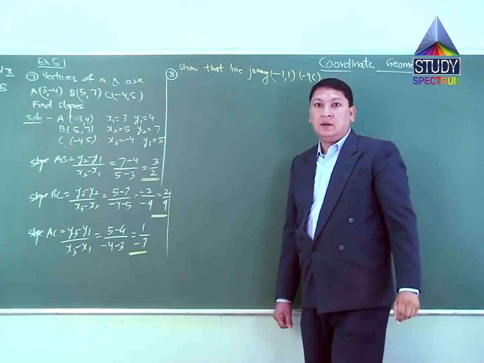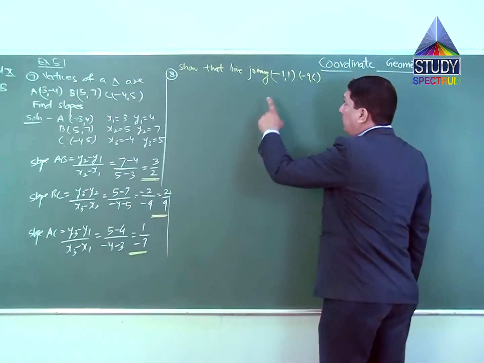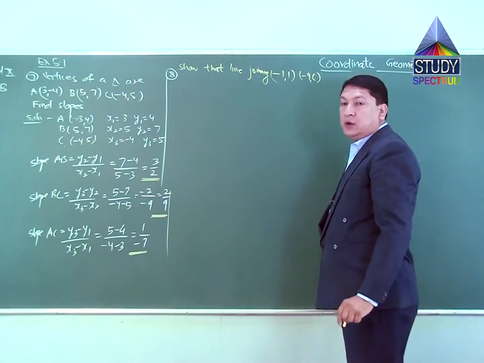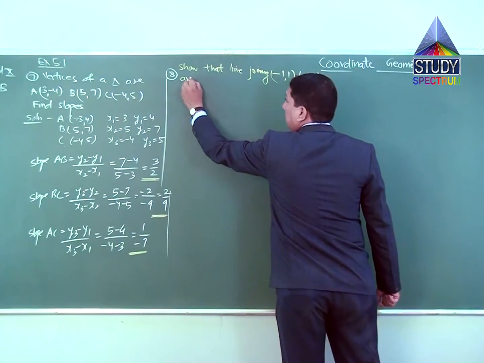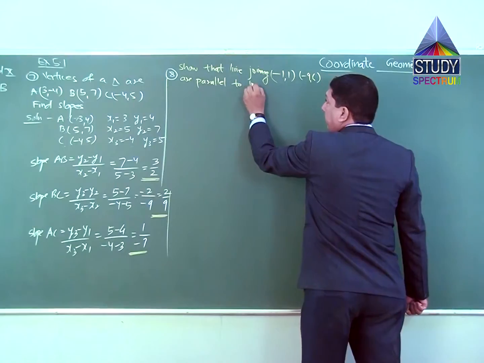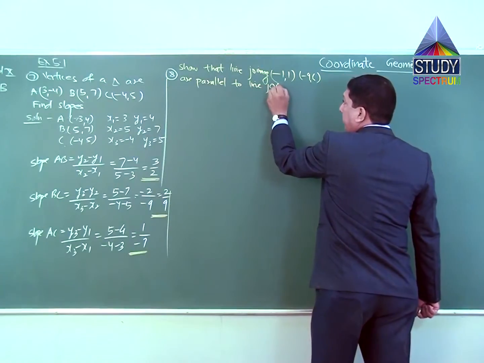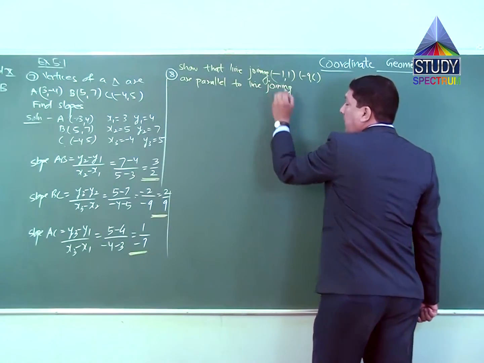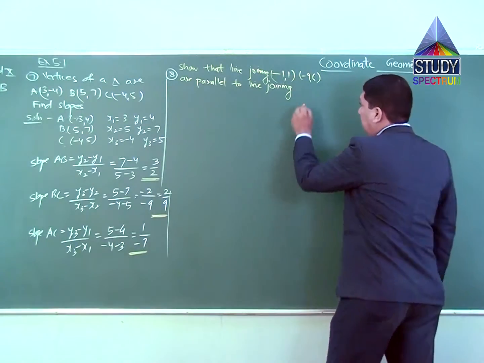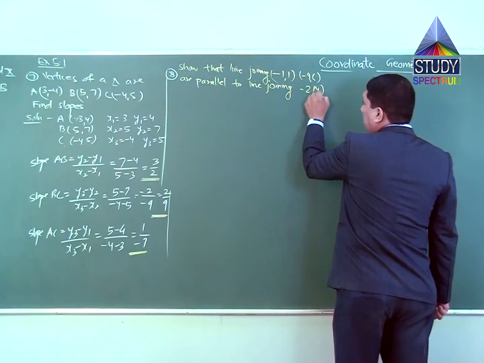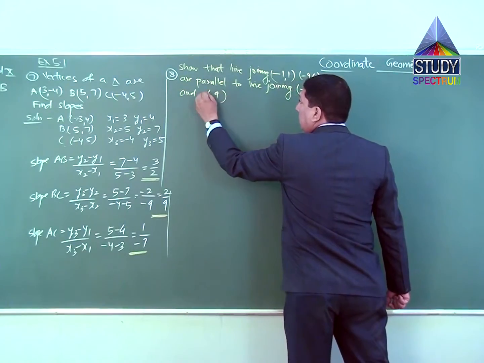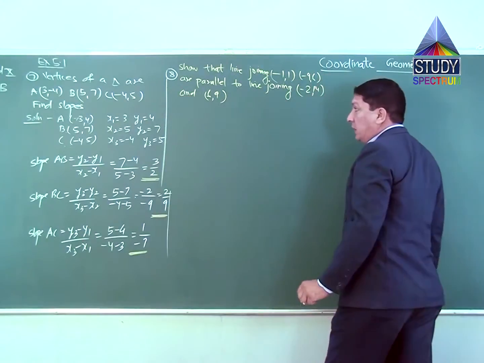Other points are, so that the line joining these 2 points is parallel to the line joining -2, 14 and 6, 9. So we'll find it out now.